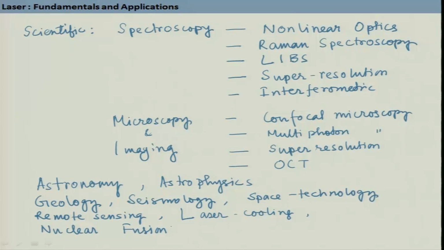So, you know that nuclear fusion requires a very high amount of energy. So, laser, as we said, can provide a very high power light beam, and this high power light beam, if it is concentrated, one can actually produce a humongous amount of energy, which can even lead to nuclear fusion.